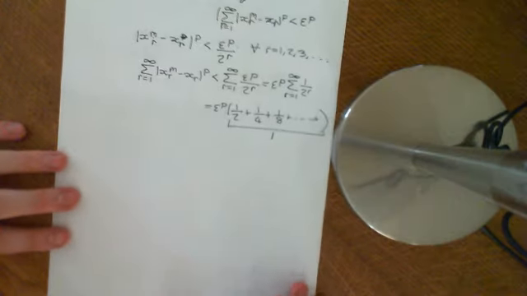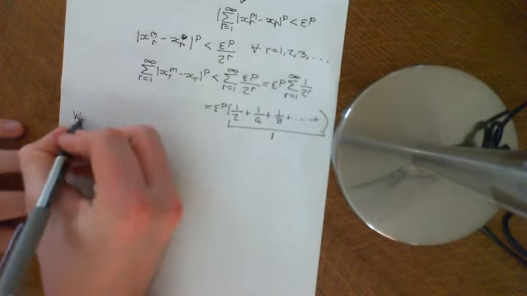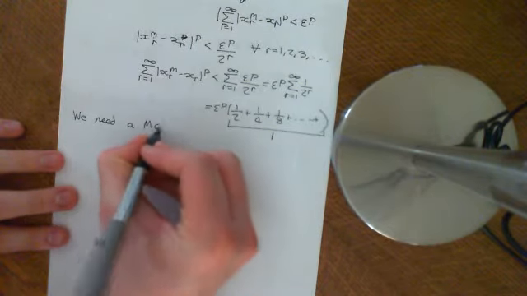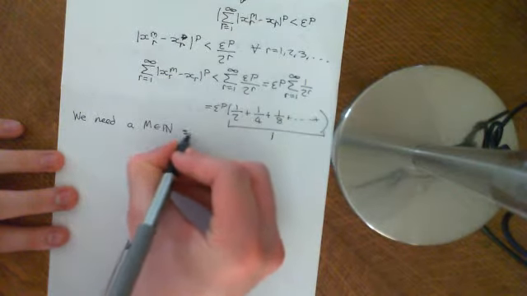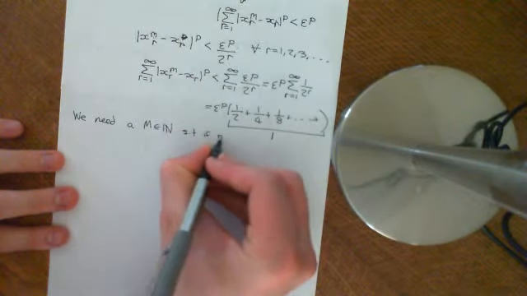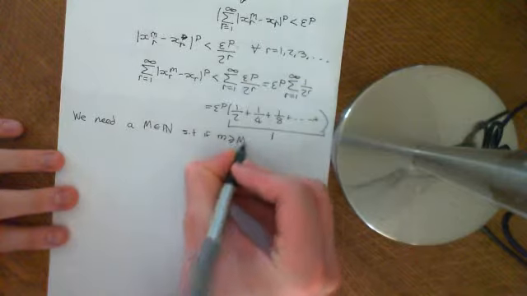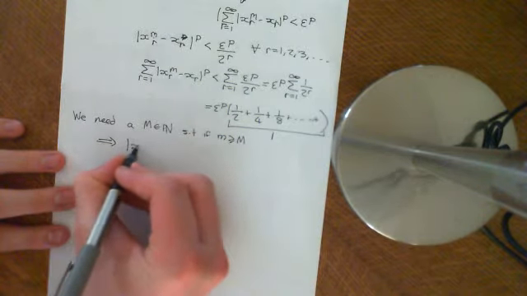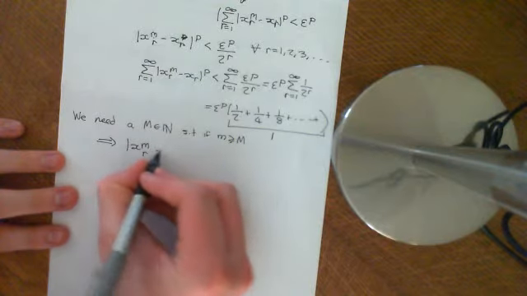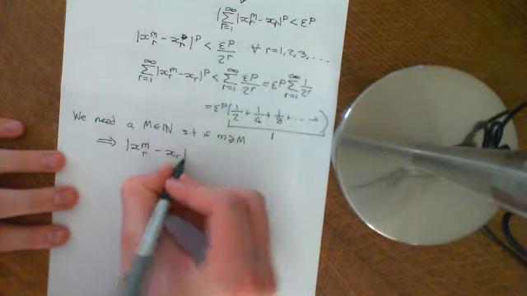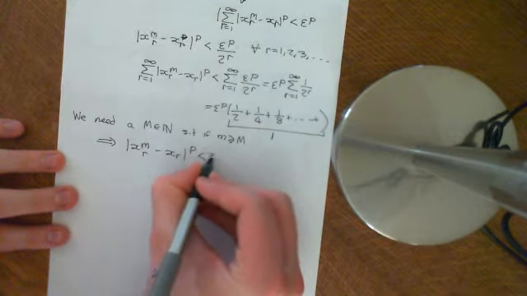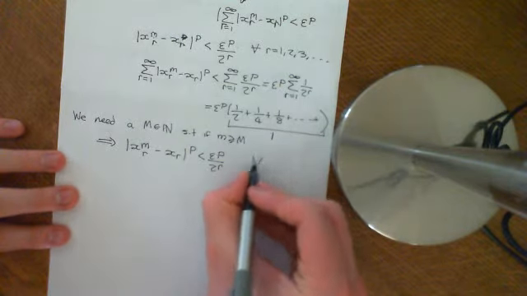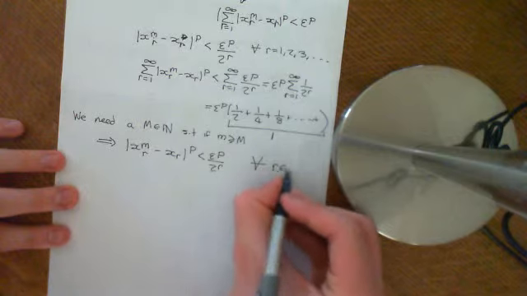Right, okay, so we need a big M, which is an element of the natural numbers, such that if little m is greater than or equal to big M, then it implies that the modulus of xmr minus xr to the power of p is going to be less than epsilon to the power of p over 2r, and that needs to be true for all r an element of the natural numbers.